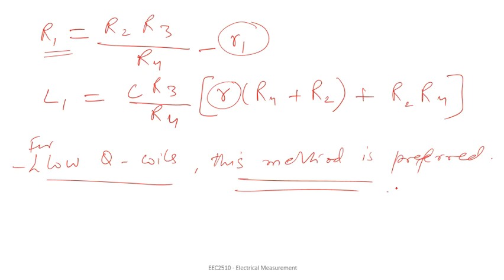For high values of Q factor, the Hay's bridge method is preferred, and for low values of Q factor, Anderson's bridge is the more preferred way of measuring the inductance. Okay, so this is all we have to discuss in this lecture. The bridge circuits for measuring inductance are over, and in the next lecture we will probably discuss the bridge circuits used for measuring capacitances. Okay, so this is all for today.